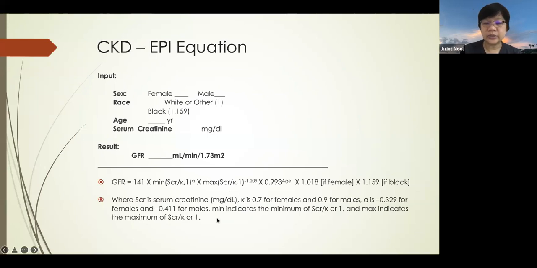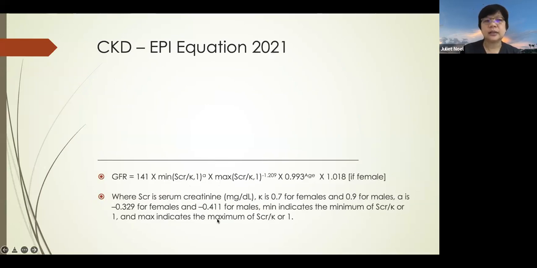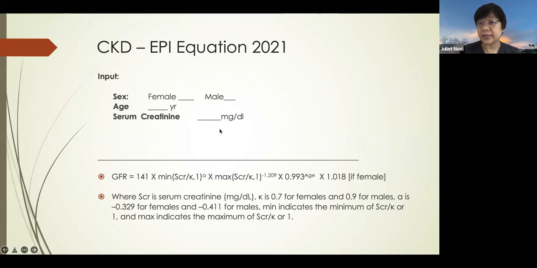Then recently in 2021, the CKD-EPI was changed, no? And they're trying to recommend this because they removed the race, no? Because before, the CKD-EPI would only be good for the Black race, but all the rest of the races will have an underestimation of the GFR.